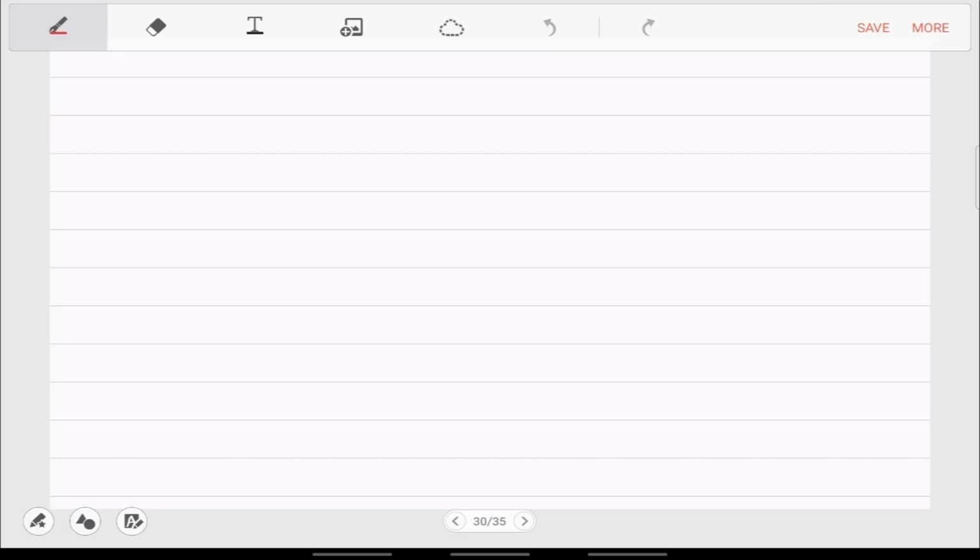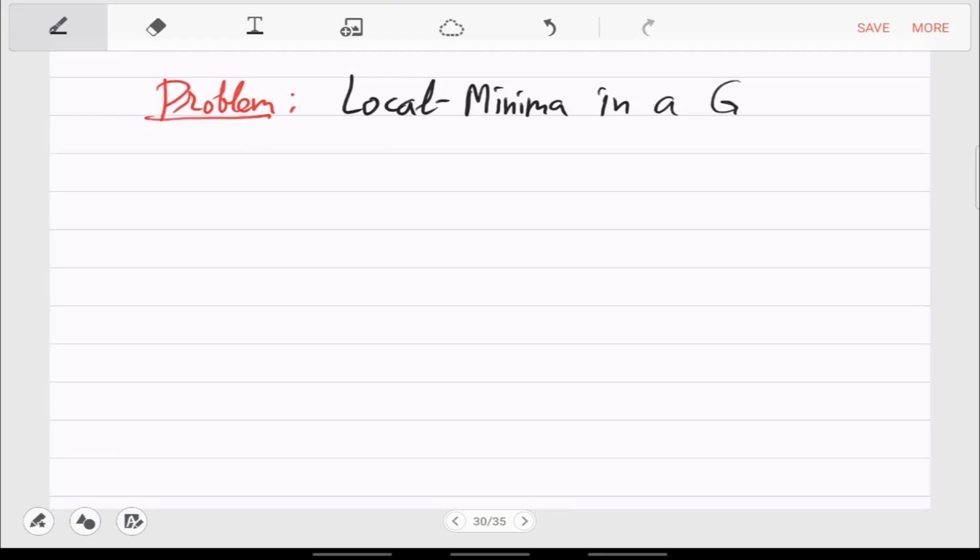So the next problem is the problem of 2D arrays, which is local minima in a grid. So you are given an n cross n grid, which is a 2-dimensional array, as you have seen in ESC 101 in C programming.